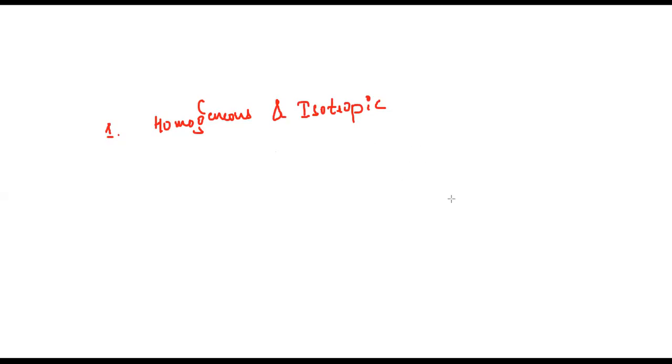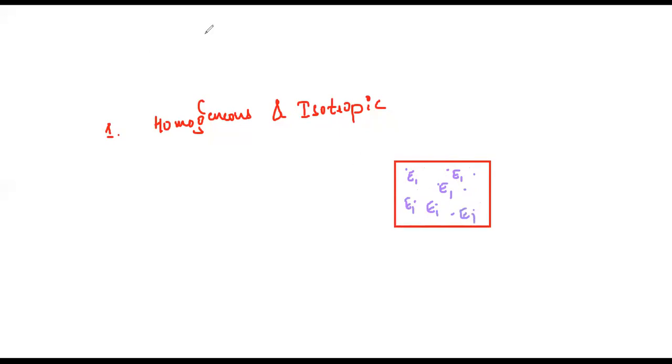For example, if the property of this material is the same at all the points, on all the nodes or locations, then we call it a homogeneous material.